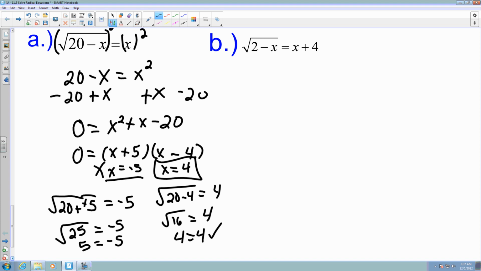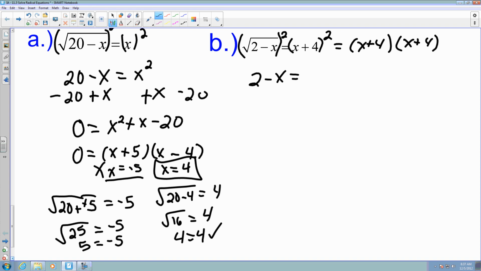Looking at B, I have the square root of 2 minus x equals x plus 4. So step 1 is already done on this one. The square root is already isolated, so step 2 is just to square it. The left-hand side will leave me with 2 minus x, and the right-hand side is the same as writing x plus 4 times the quantity x plus 4.